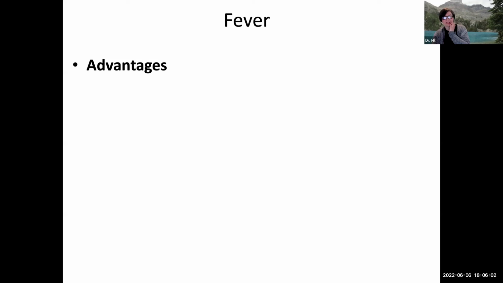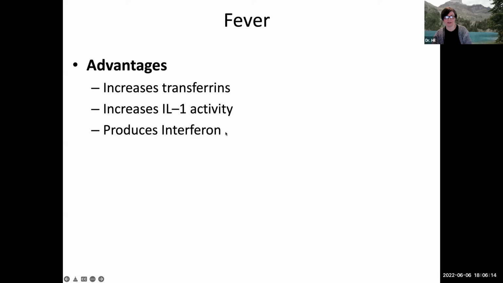One of the things it does is it increases the effectiveness or efficiency of transferrin, the iron binding proteins, okay? It also increases the effectiveness of interleukins, such as interleukin 1. These are chemical signals that are exchanged between immune cells, so they're basically able to better talk to each other. And also stimulates interferon production, which we'll talk about later.